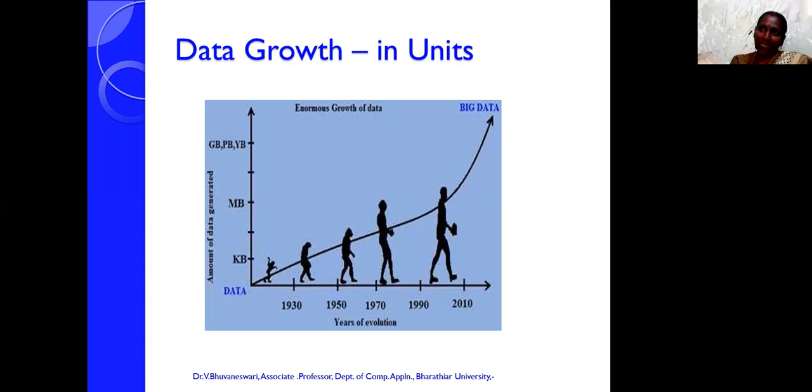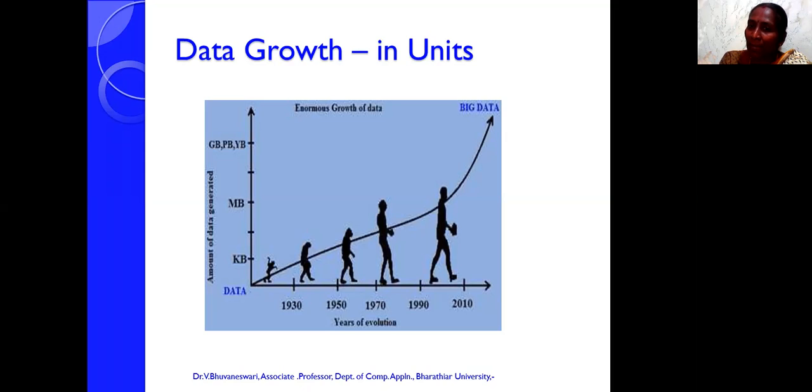So every time, even individuals were generating more volume of data, increasing from kilobytes to petabytes or terabytes, and even business organizations, the data volume has been increasing from a smaller KB to yottabytes and zettabytes. That is what we referred to in the previous slides.